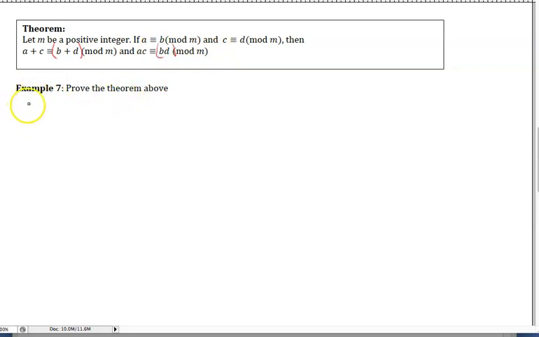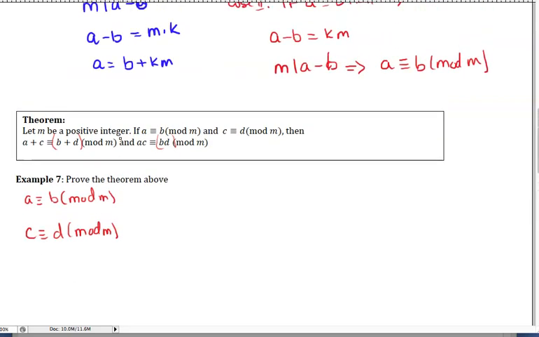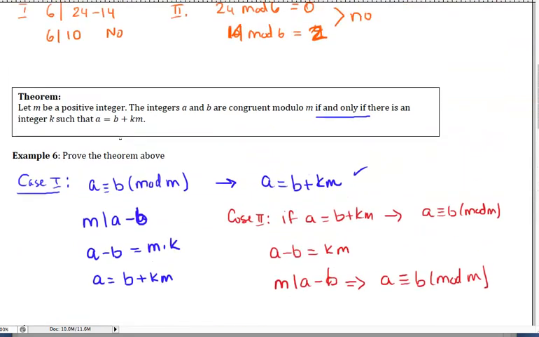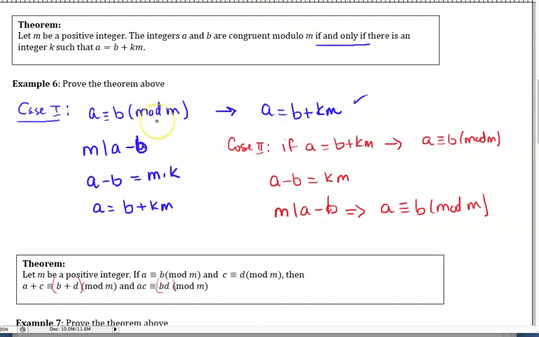All right, so let's see. We're going to start with our premises: a is congruent to b mod m, and c is congruent to d mod m. Now from the theorem above, we know that if a and b are congruent under a modulus, then I can write this equation right here.